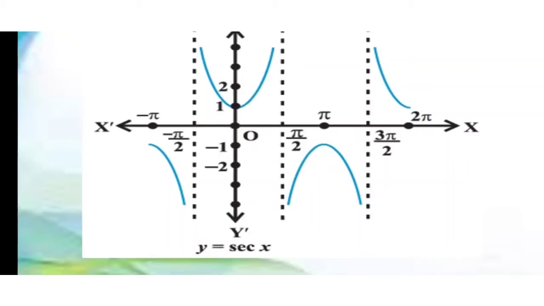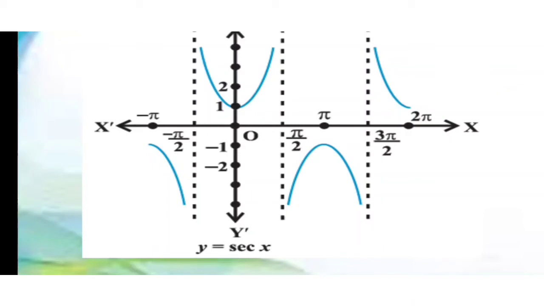And here also it repeats after 2 pi, from here to here. After 2 pi also we get this type of graph repeated here. So this one and this one will repeat again.